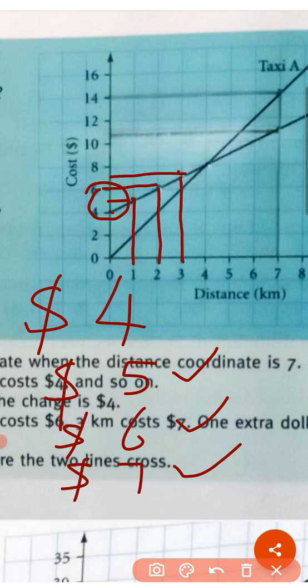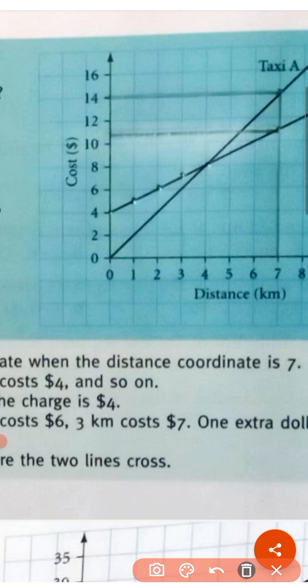Okay, so for each kilometer, taxi B charges $1. And the fixed charge is $4 because the graph for taxi B is starting from here, that is from 4 on the y-axis.